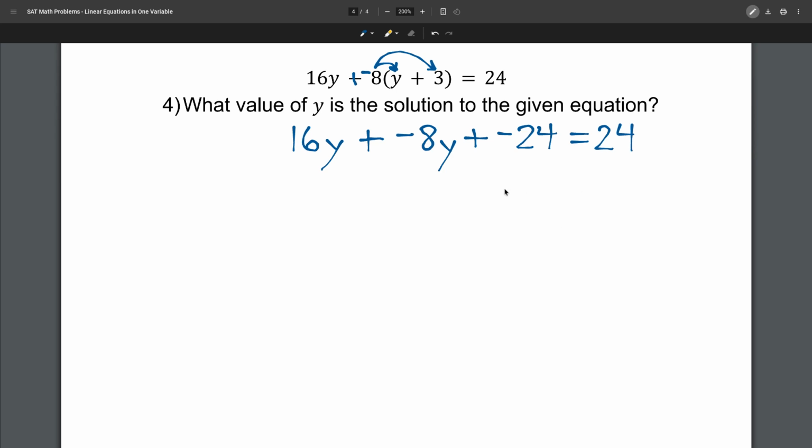Now, one thing I could do, instead of combining these like terms together, which is a valid next step, is also just add 24 to both sides to get only the terms with y on one side. It's really up to you. I'm going to add 24 to both sides right now.